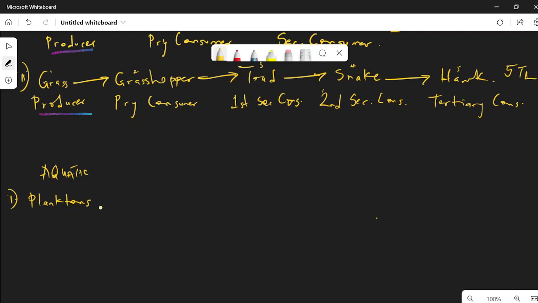Planktons being fed upon by tadpole, being fed upon by fish, and then we have water snakes. So we have planktons, tadpole, fish, water snakes.